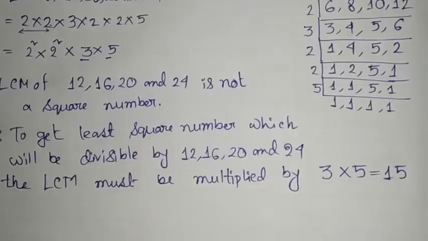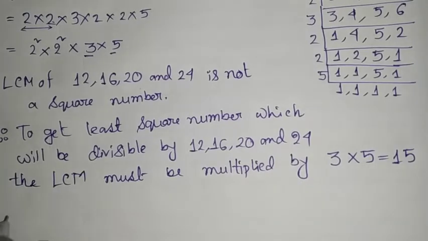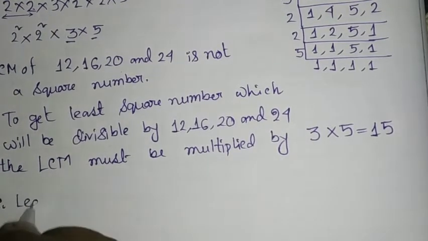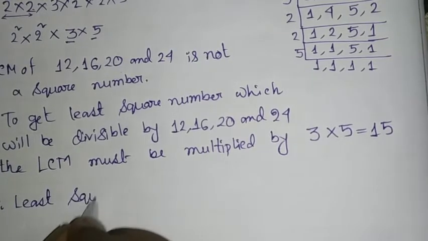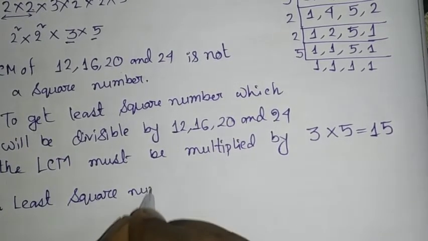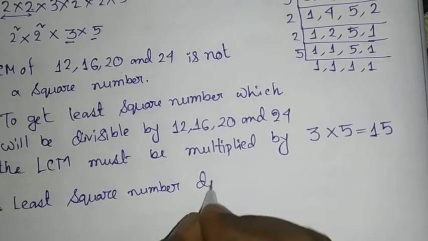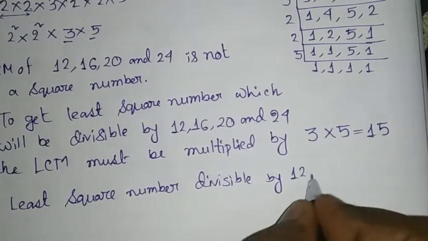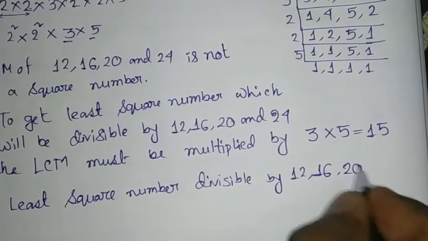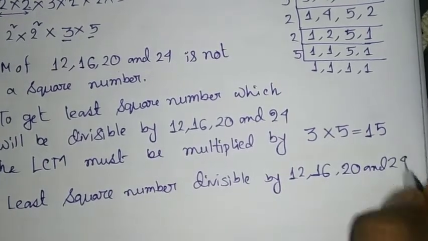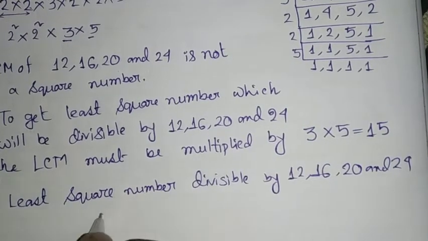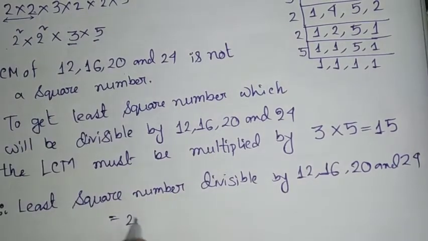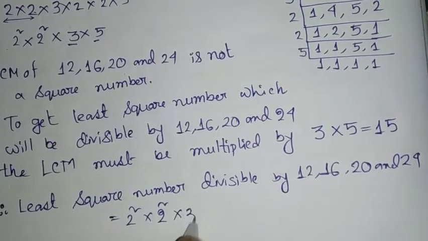Okay, now look. So therefore the least square number divisible by which numbers? 12, 16, 20 and 24 will be what? Equals to. So first of all, we need to write all these numbers, that is 2 square into 2 square into 3 into 5.